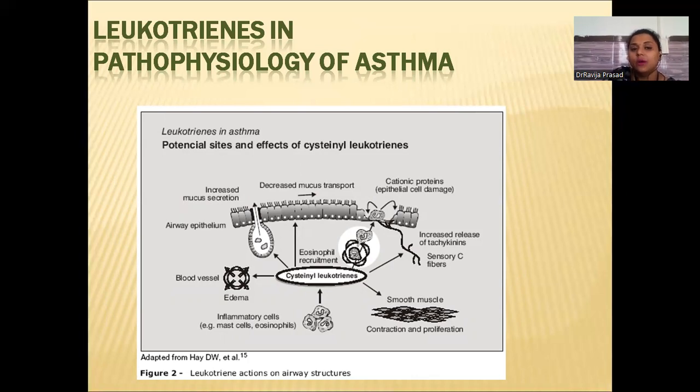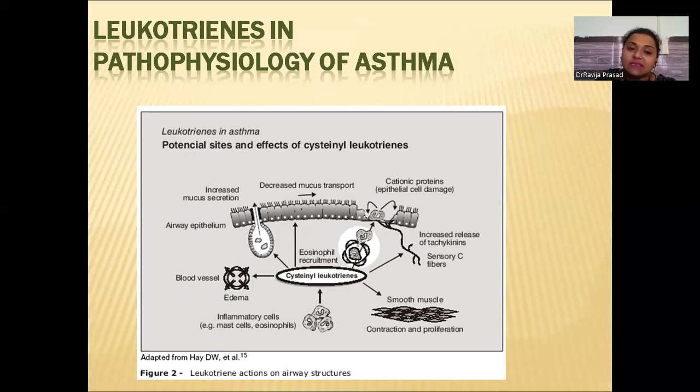Here we can see the thickening of the epithelium and the border. The cysteinyl leukotriene, the pro-inflammatory mediator, can affect the blood vessels and cause edema. Over here, you can see the increased mucus secretion, which can cause hyperresponsiveness.